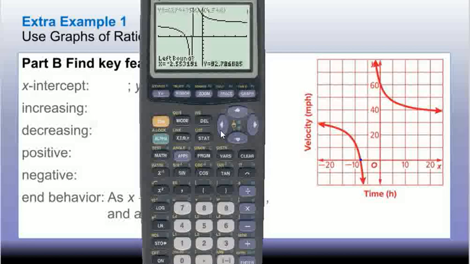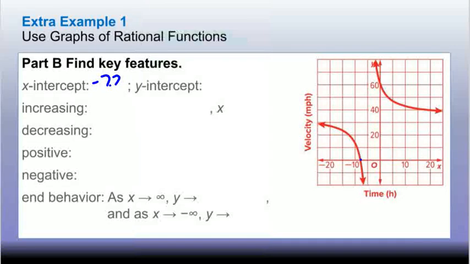You have to go to the other side. Above the x-axis, below the x-axis. So it's negative 7.7. The y-intercept, where it crosses the y-axis, looks like 60.